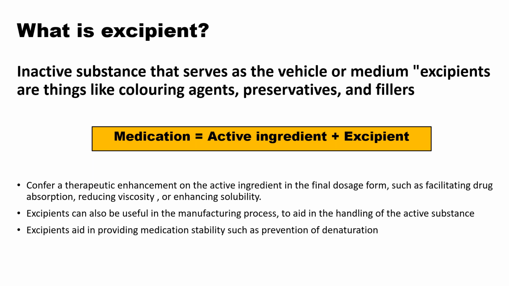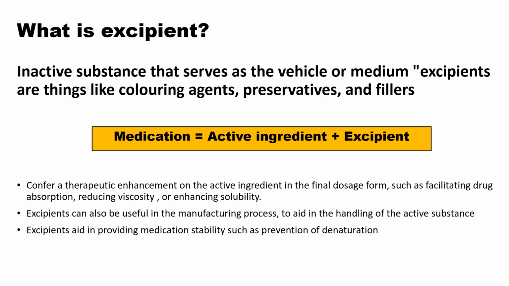So apart from the active ingredients, the tablet also has inactive substances that serve as a vehicle or medium. All these are known as excipients. These are, for example, coloring agents, various preservatives, and fillers. So a medication consists of the active ingredient along with the excipient. The excipient confers a therapeutic enhancement to the active ingredient in the final dosage form.